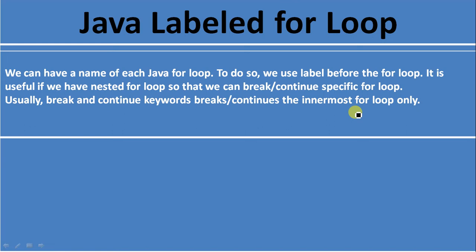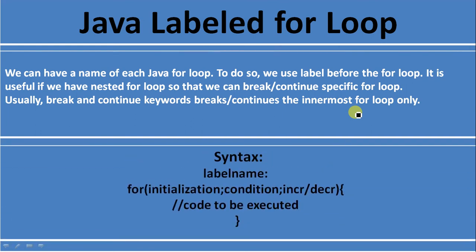So we can give the name of the for loop on which we want to break and which for loop we want to continue. So the syntax is label, which is a name of the for loop, and the same for initialization, condition, increment and decrement, and the block of code.